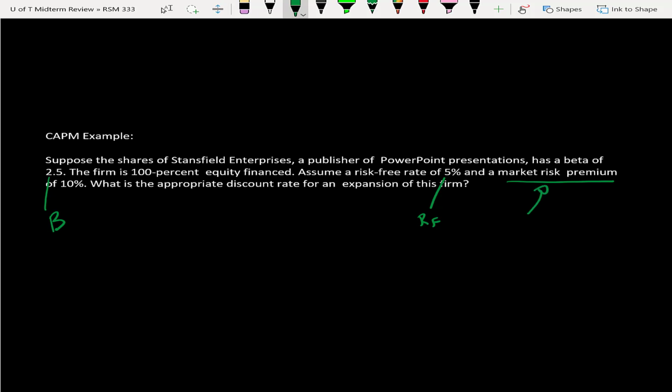So this is going to be RM minus RF, it's not RM.